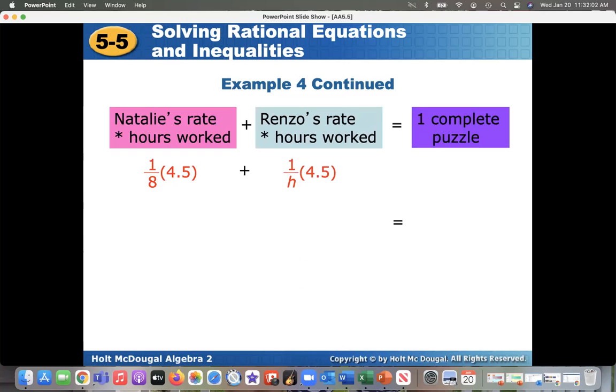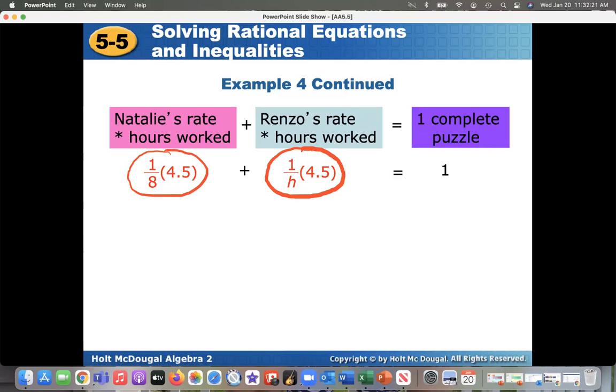All right, now we get that equation. This is how much work Natalie does in 4.5 hours towards the puzzle, and this is how much work Renzo does in 4.5 hours.